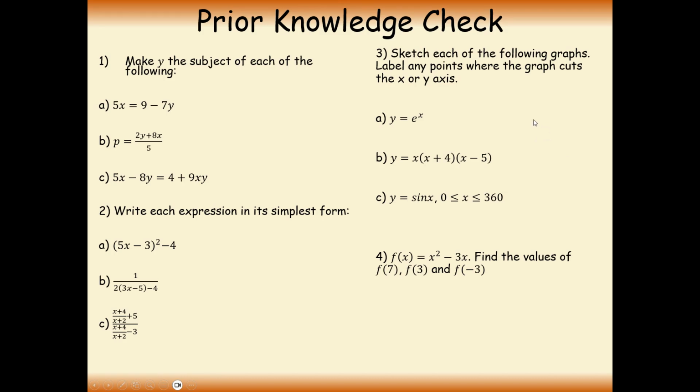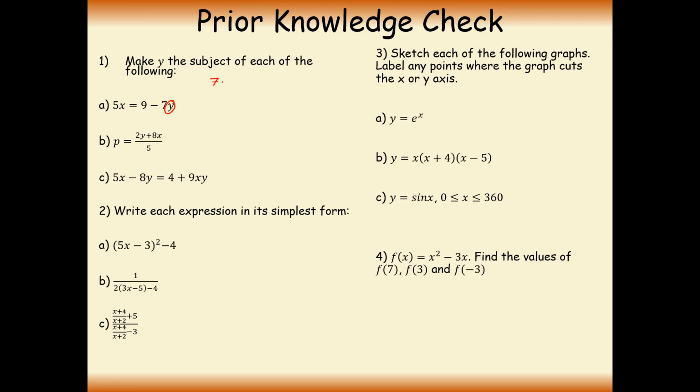Making y the subject of the formula is absolutely essential, particularly when we have to find the inverse of a function. So, I'll do these first few questions by hand. If I have to make y the subject of this formula, first thing I would do is swap 7y and 5x around.